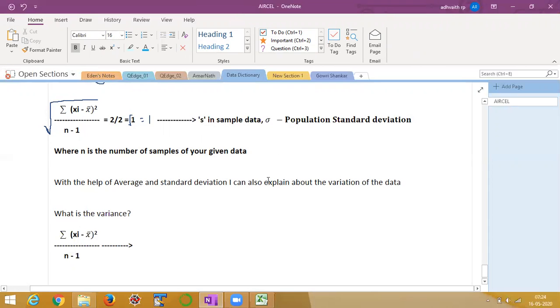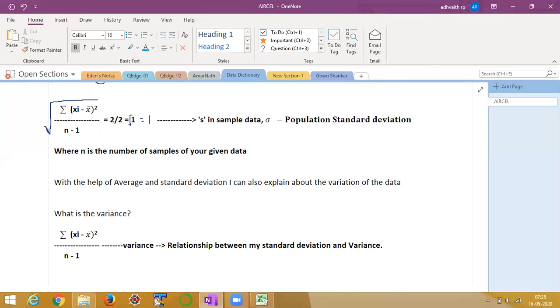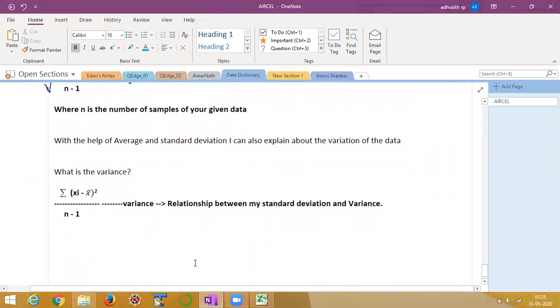Similarly, the relationship: I said this is variance. Let me write it here first. This becomes variance. And the relationship between my standard deviation and variance, how are we going to write it?